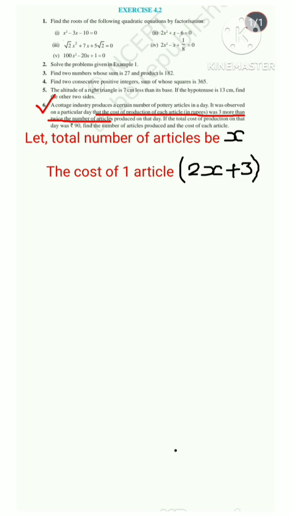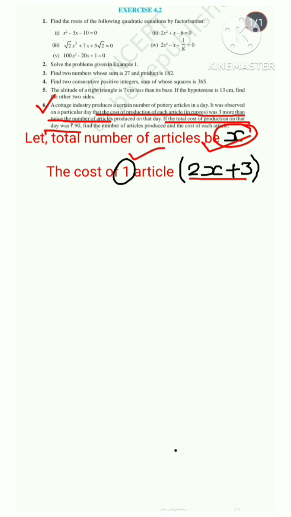Again here is written: the total cost of production on that day was rupees 90. It means here we have assumed the total number of articles is x, and the cost of one article is 2x plus 3. And students, if the cost of one article is 2x plus 3, then what will be the total cost of all this production?